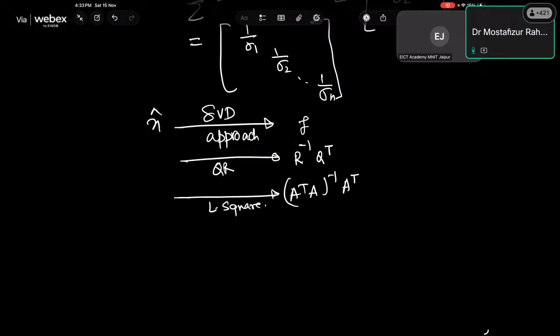Now you have something as a function of sigma, I mean sigma transpose sigma whole inverse, something like that. So this is called a direct least square inversion. This is called a QR based pseudo inversion, and this one has a special name, called Moore-Penrose pseudo inversion.